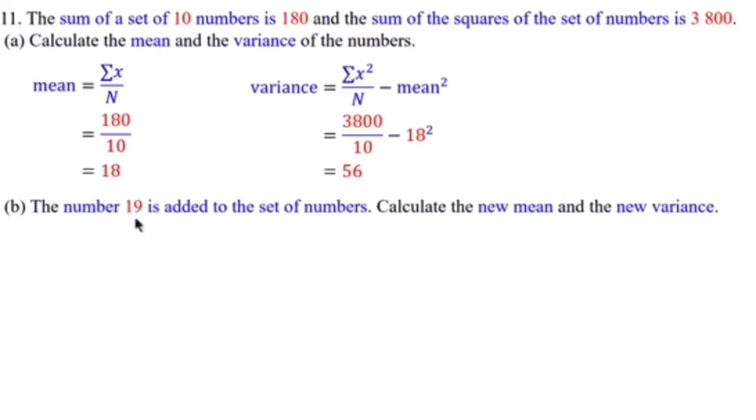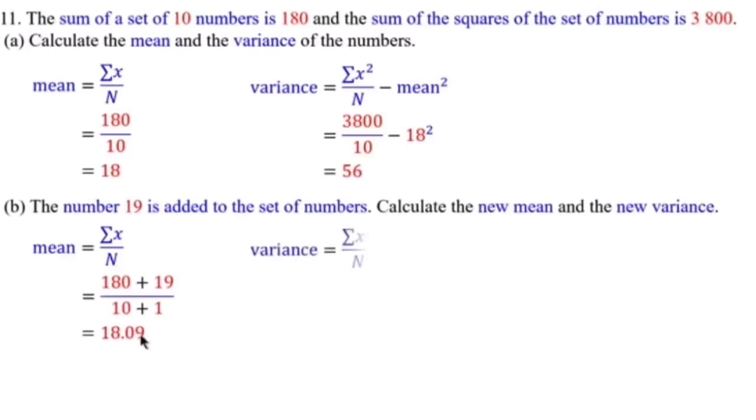For part B, the number 19 is added to the set of numbers. When a number is added, the n will increase, and the sum also increases. So you take the total just now, 180 plus 19 being added, over, we had 10 numbers just now, we add 1, so it becomes 11. So it's 199 over 11, and the answer is 18.09.